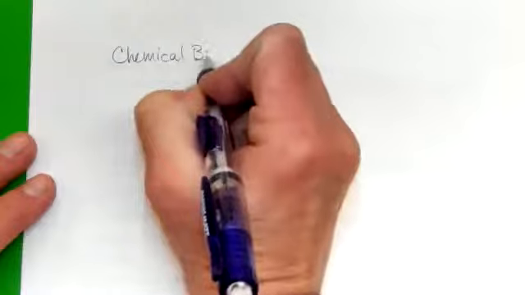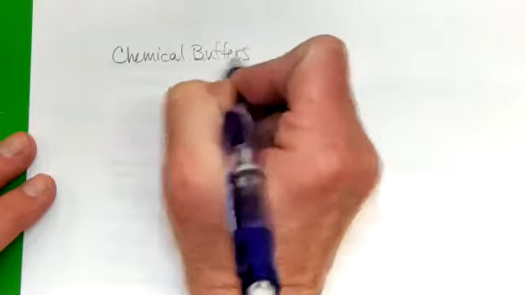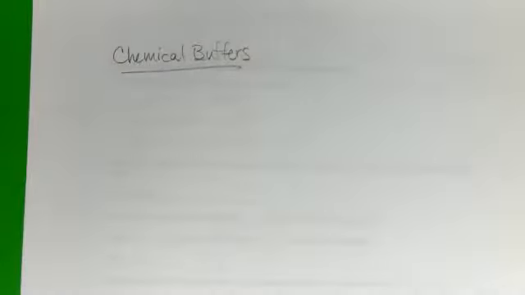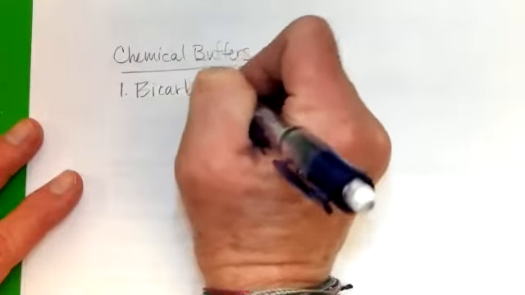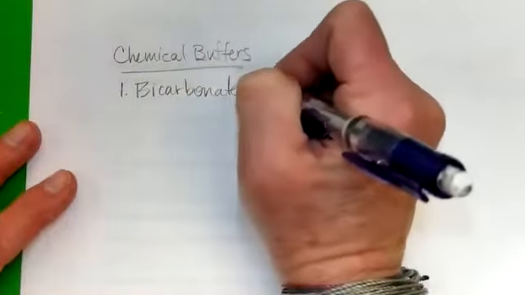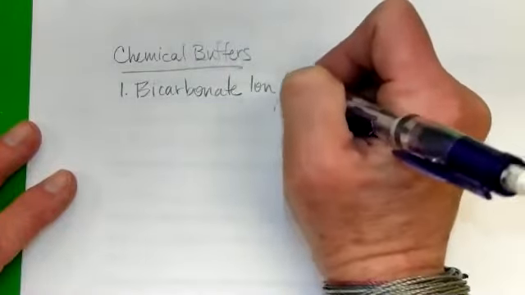So the first thing is chemical buffers. There are three chemical buffers. Okay, the first one is bicarbonate ion / carbonic acid.